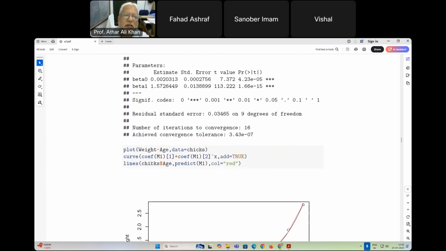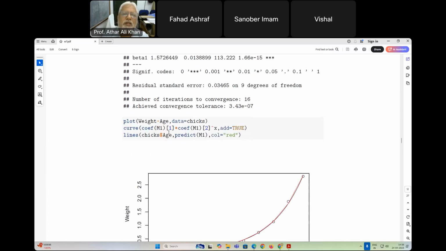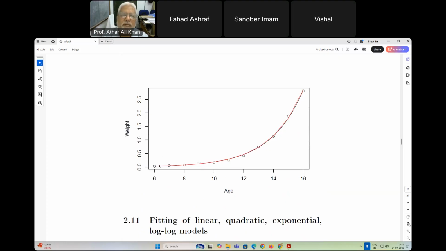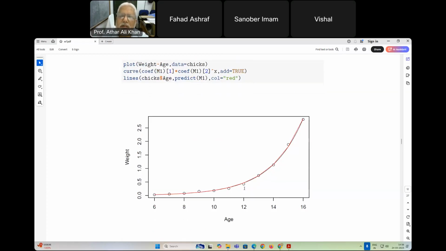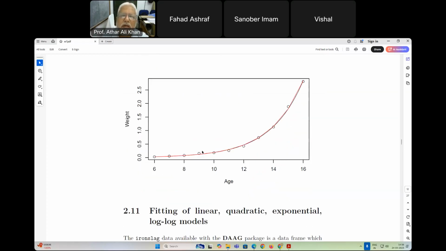And then we are plotting weight versus age, data equal to chicks. Then the curve we have added and lines checked. See here, we have added the curve in black, and then we have added the predicted values, and they are one and the same, and that's why they are indistinguishable.